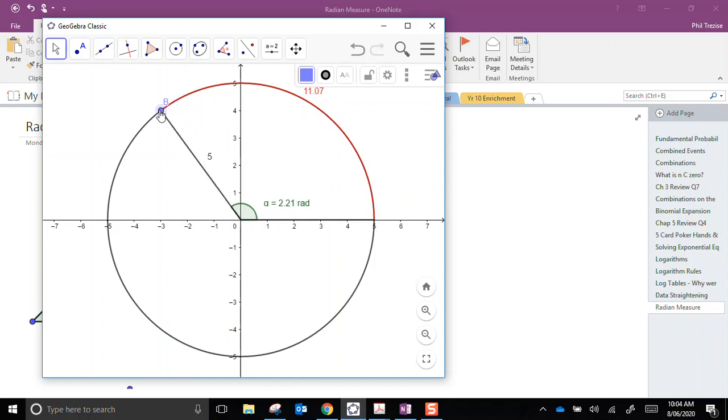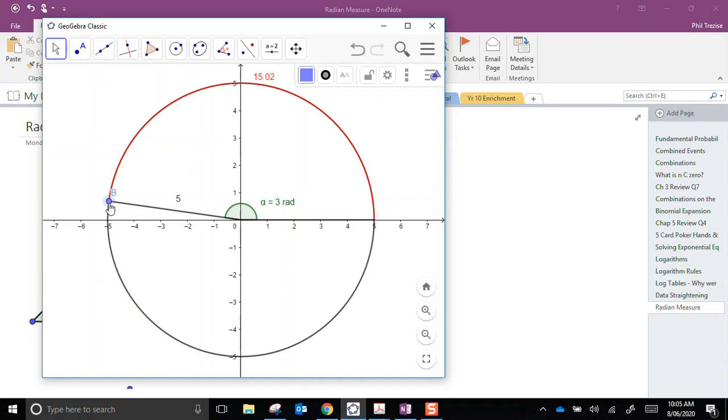Let's keep going to where it equals 15. Nearly there. Close enough for jazz. 15 divided by 5 is 3 radians. It's just a little bit less than a semicircle, isn't it?